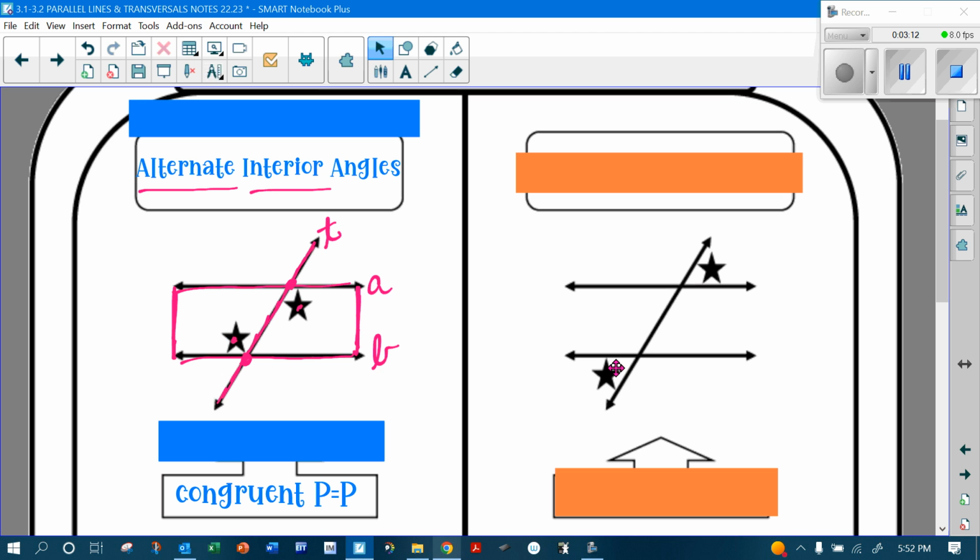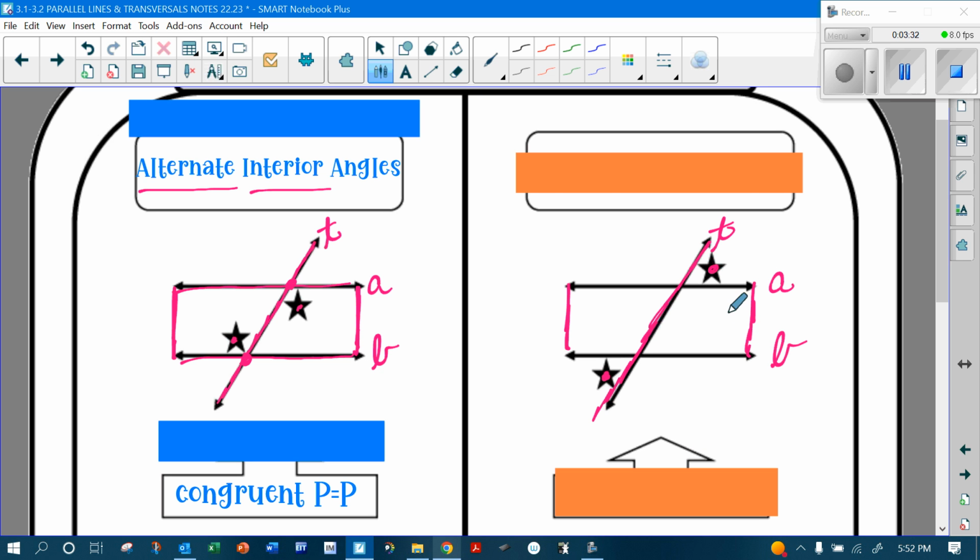All right, now look over here. It's very similar, okay? So let's identify that transversal. There's the transversal. Here's line A, here's line B again. Now I notice that my stars are still on alternating sides, but this time they're outside of that neighborhood.